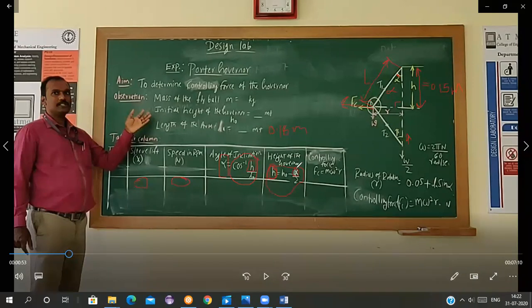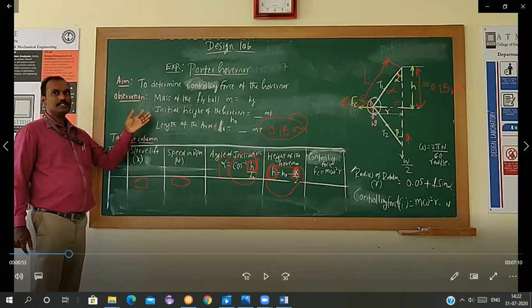If we are getting 1 centimeter, you have to put it at the place of x. And this h naught we are taking as 0.18 meters. So 0.18 minus 1 by 2, you have to put it at this h, and L is 0.18, and you will get the value of alpha.